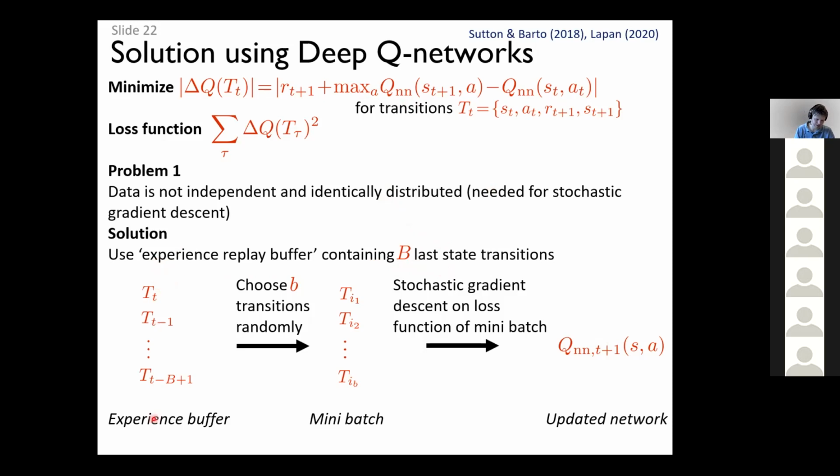So we have an experience buffer of many of these quadruplets, and among these we choose a smaller number, say small b equal 32, which forms a mini batch, and we use this mini batch to train the network at one given time step. So we use stochastic gradient descent to optimize the loss function evaluated using only this mini batch to get an updated network.